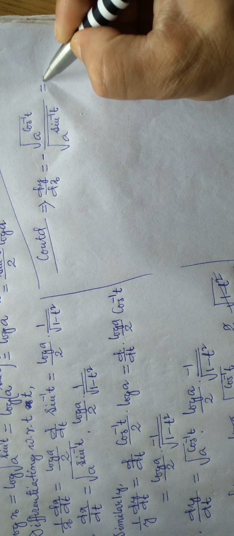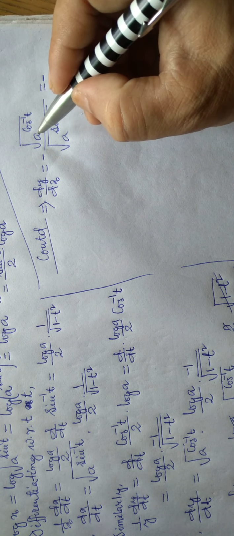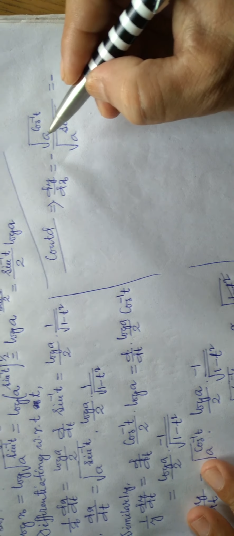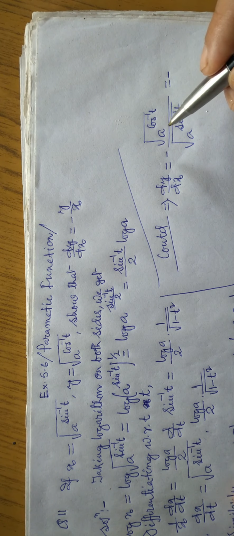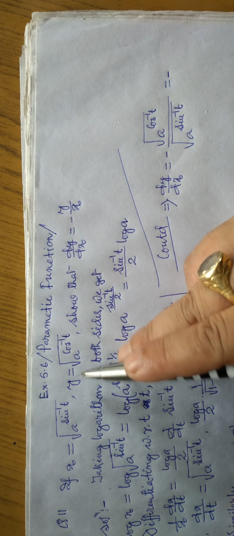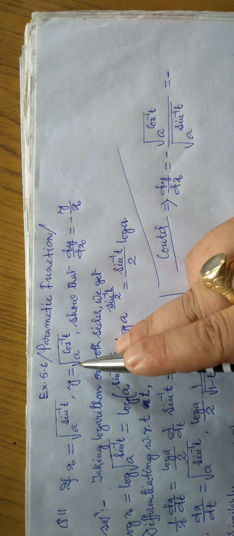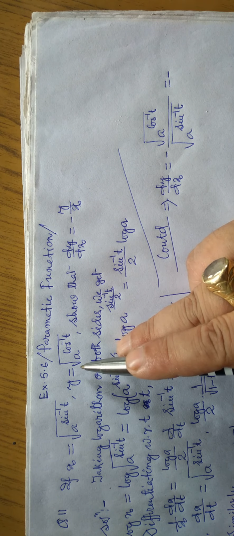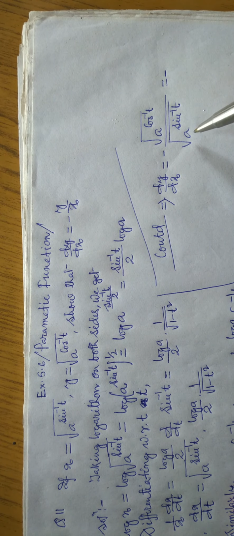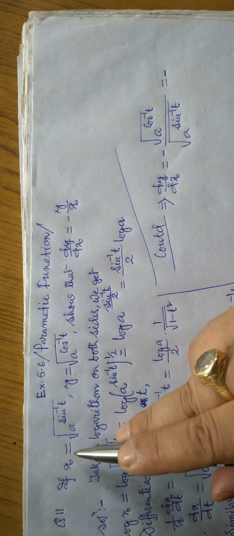Minus is still there. What is equal to this according to the given? According to the given, the numerator is equal to y, and the denominator, root over a to the power sine inverse t, is equal to x.